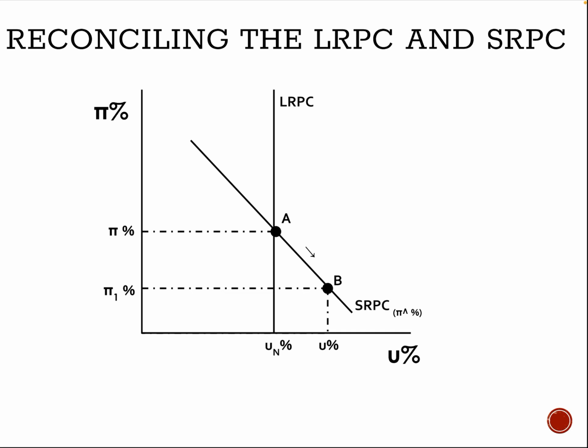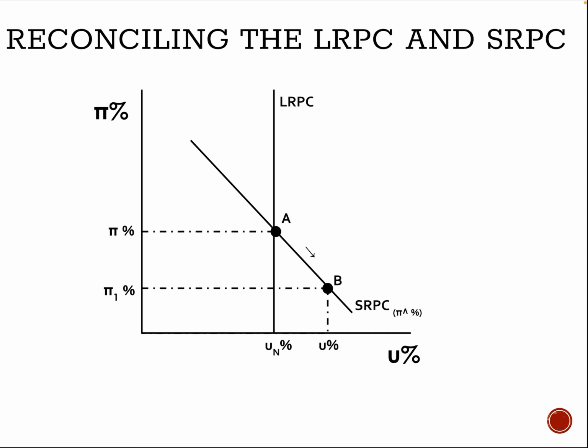So in our economy at point B, U rate is greater than NRU, which means that we have more people out of work than might normally or naturally be out of work. And then we also know that firms, the biggest expense for firms is often labor costs, which is one of their most significant input costs. If we have a lot of people out of work, it means that that input cost for firms is unlikely to go up anytime soon.